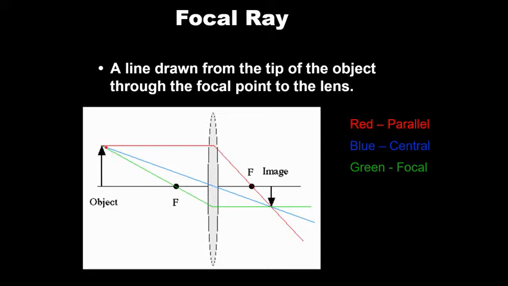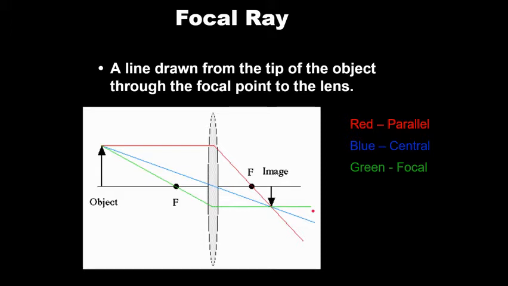So we will draw a line from the tip of the object through the focal point, and it should end right at the plane of the lens. The light will refract from that point horizontal to the principal axis.